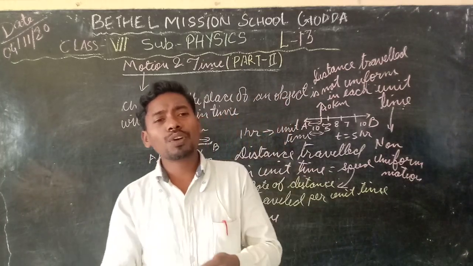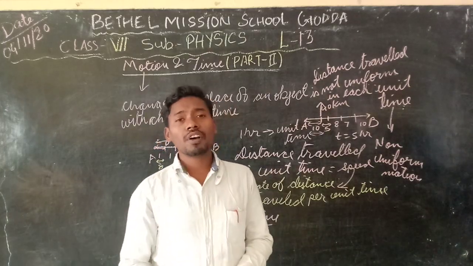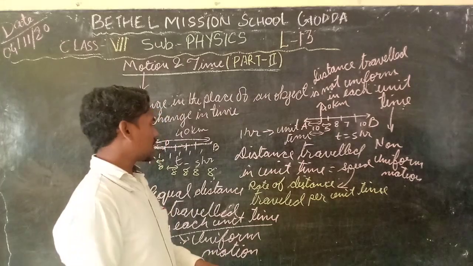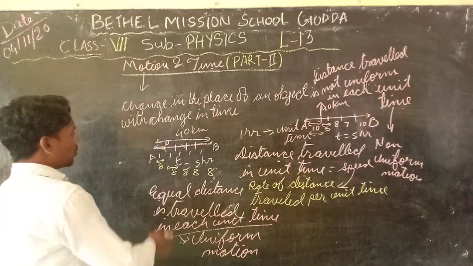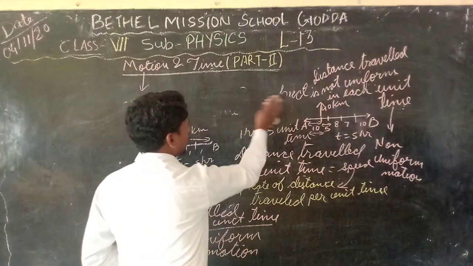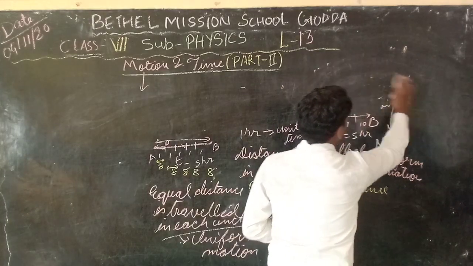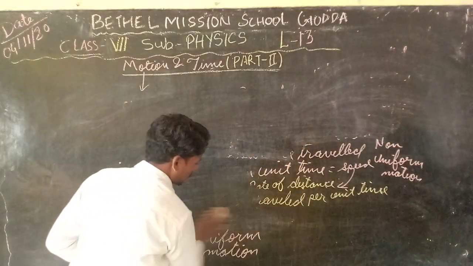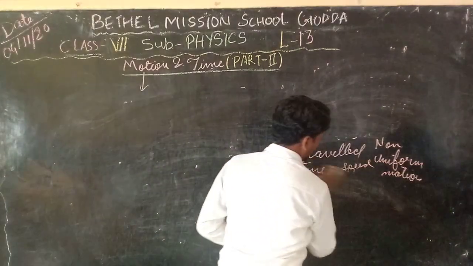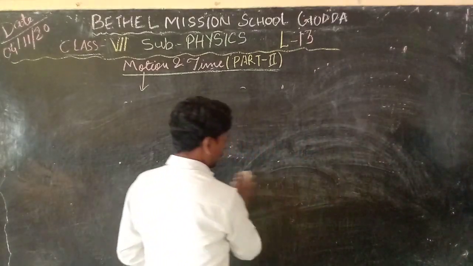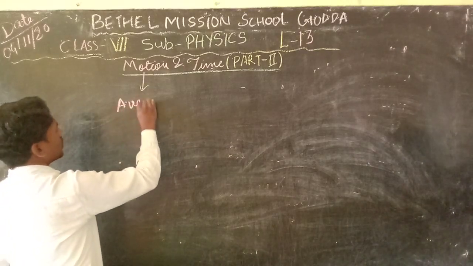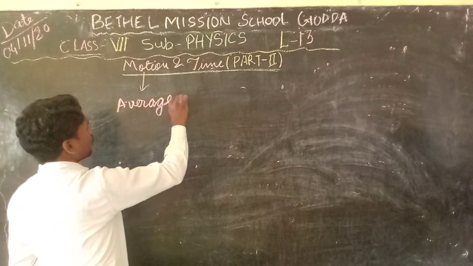So you always have variable speed. In that case, when we have variable speed, we come across a new thing, and this new thing is called average speed.